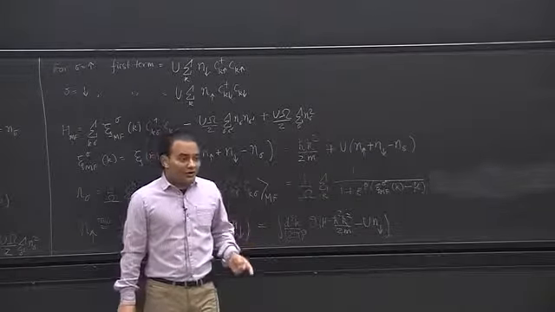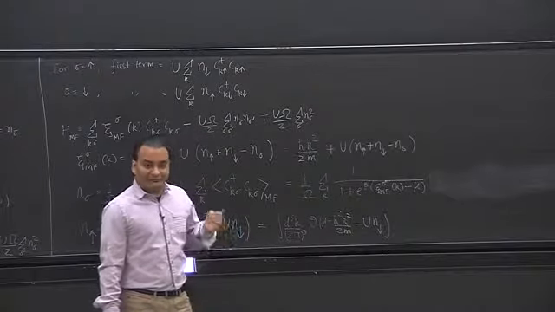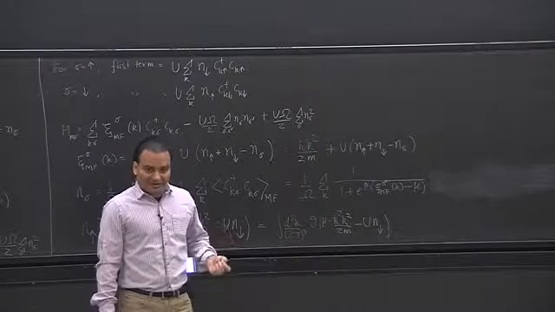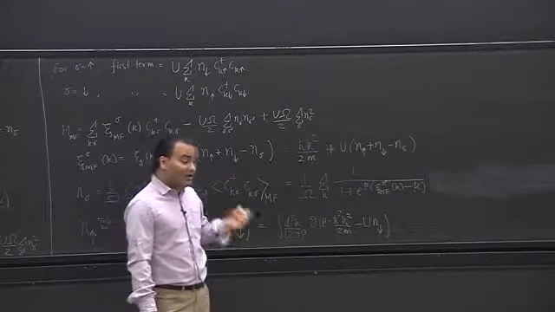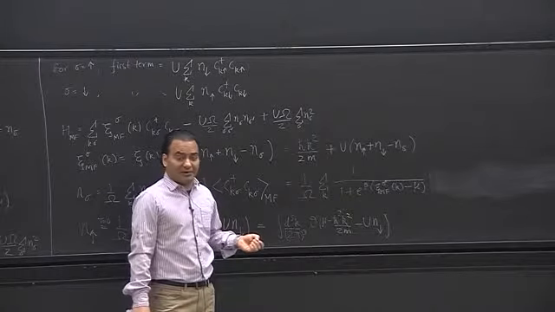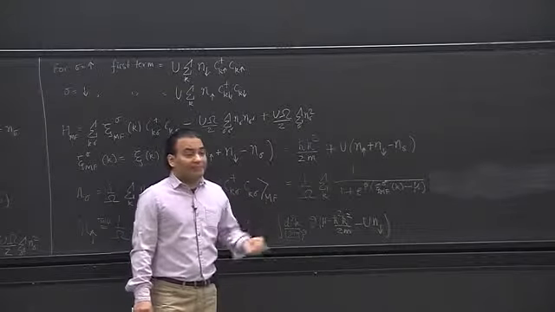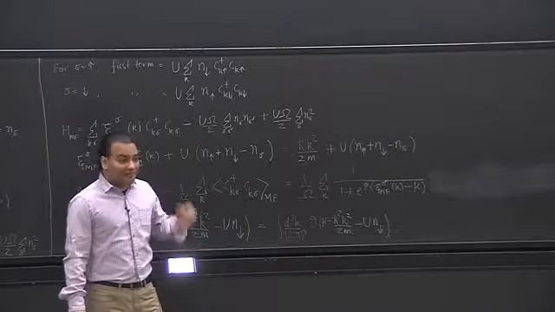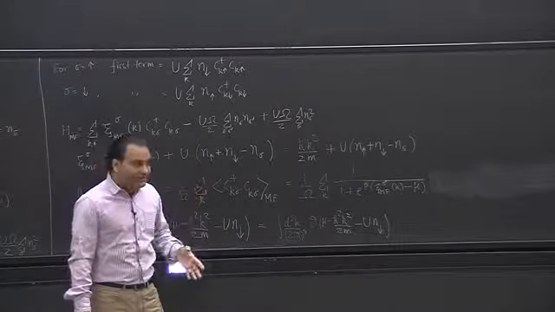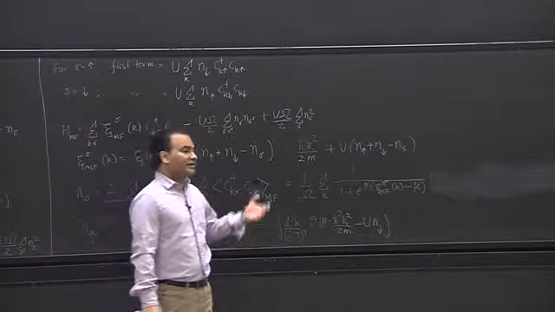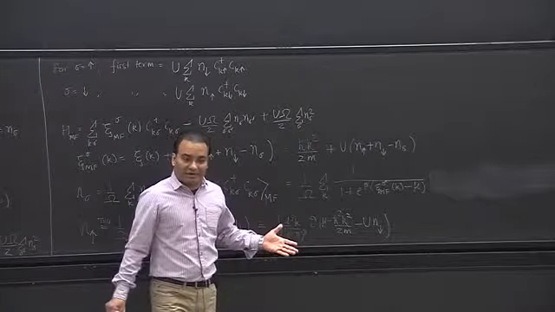Now in the tutorial, you did a problem where the Fermi wave vector, kf, was different for upspin and downspin. And if you remember why that was the case, it was because you applied a magnetic field. So in the presence of a magnetic field, Fermi vectors for up and down spins can be different.